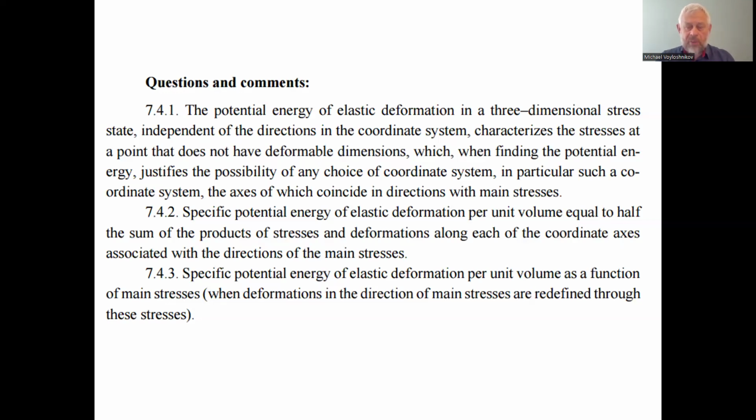After substituting the angle of inclination into the formula for the main stresses, we can find the dependence of the main stresses, and on the other hand, the specific potential energy of deformation of the segment of the mechanical body under the action of the main normal stresses. But this main normal stress we can redefine by the tangential stresses.